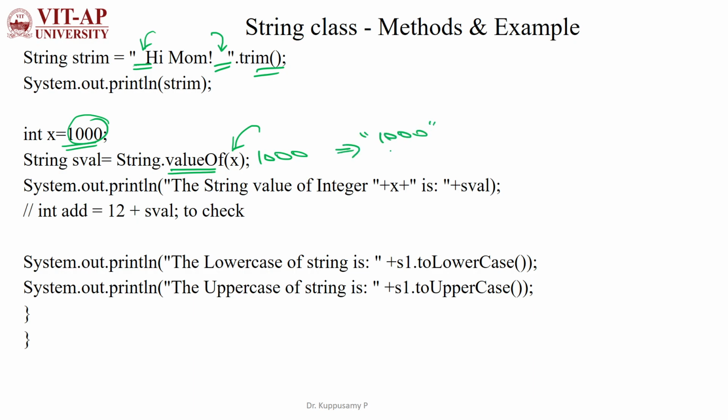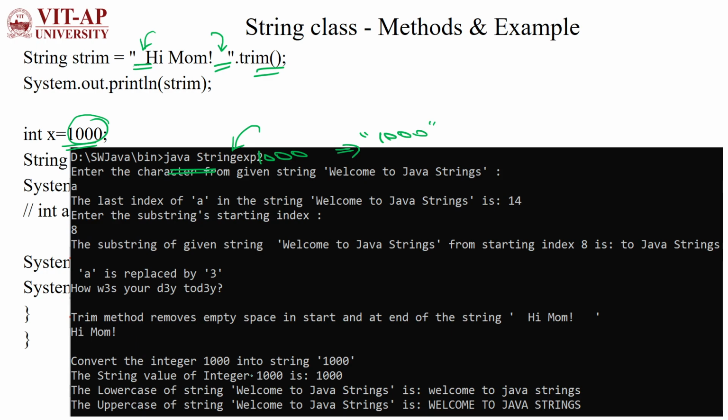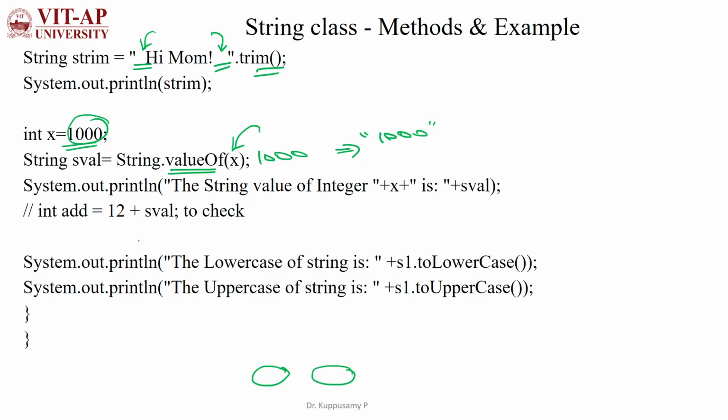So this is an integer value which is converted into a string value. For example, if you want to check this, you can add a string value here and you will get the string value 1000. Now when you add this to the integer 12, you will get a compile time error, because this s value is a string, and a string cannot be added into an integer value.